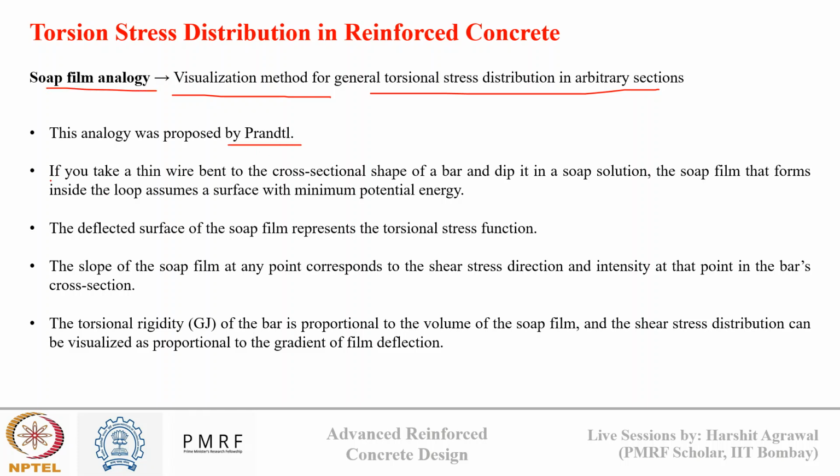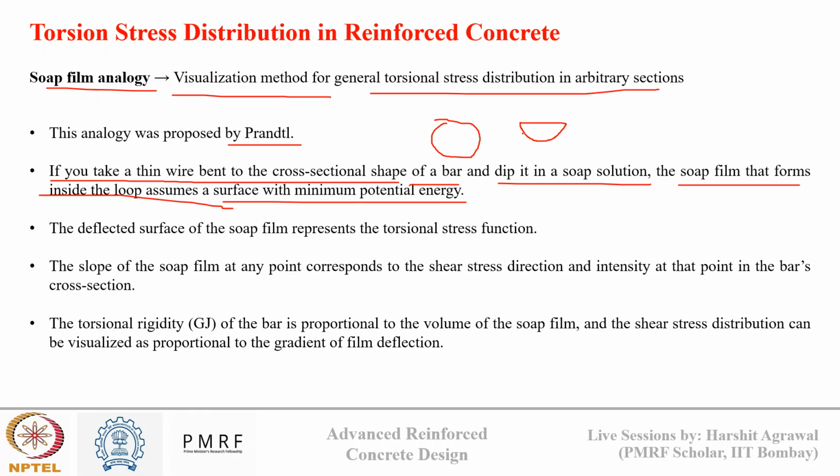He says that if we take a thin wire and bend it in the cross section shape of a bar and dip it in a soap solution, the soap film that forms inside the loop assumes the surface with minimum potential energy. So suppose this is a wire that I've bent in a circular cross section, and I dip it in a soap bath and raise it, I will see that the soap film finds this curvature on the surface. This curvature represents the minimum potential energy, and this deflected profile of the soap film represents the torsional stress distribution on this section.